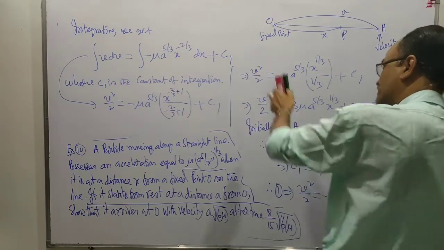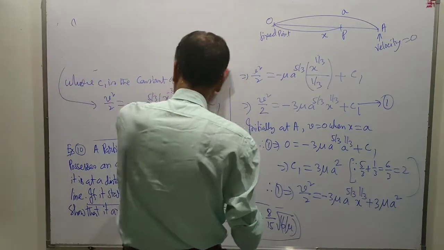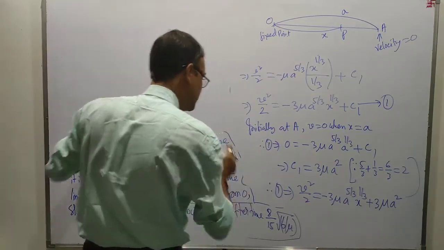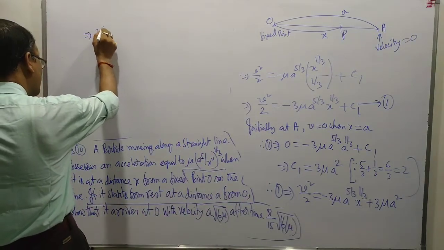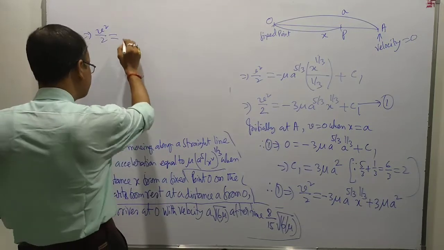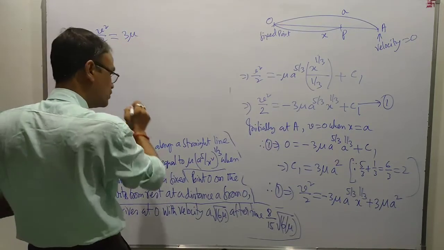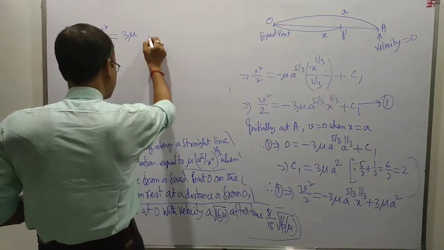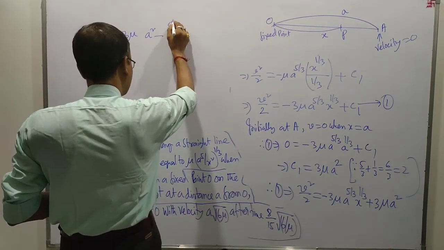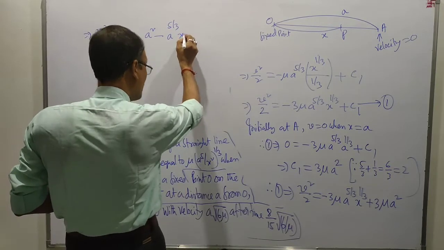Taking thrice mu common, v square by 2 equals thrice mu times a square minus a to the power 5 by 3 x to the power 1 by 3.